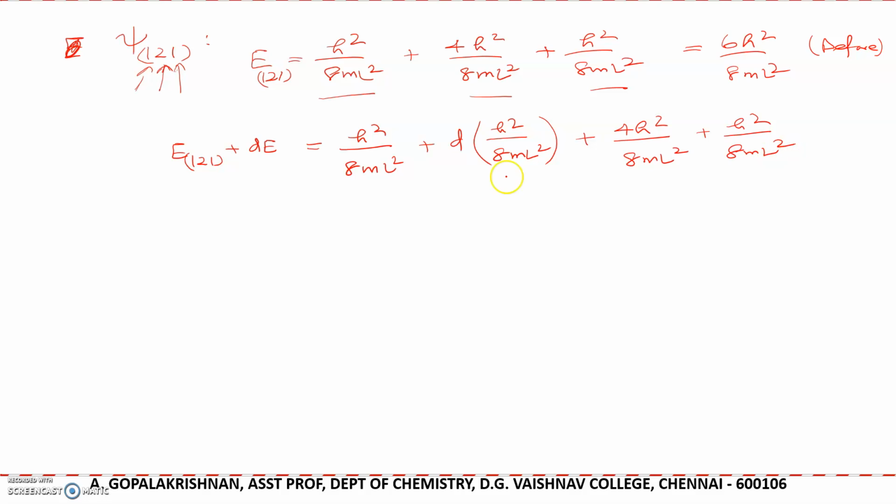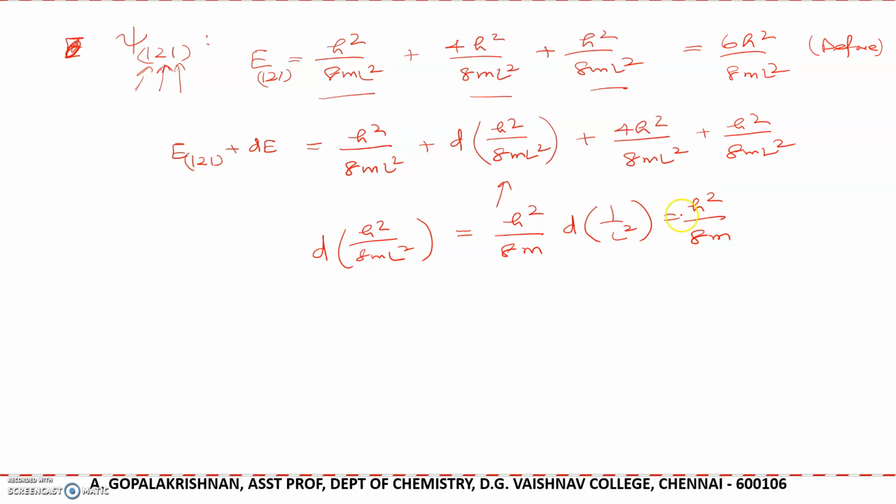So we have to differentiate this, and we have already differentiated this. Anyway, I will do it once again, because there is a small difference. Here see, h² is constant, 8m everything constant. So we have to differentiate 1/L². So h²/8m, keep it as such.